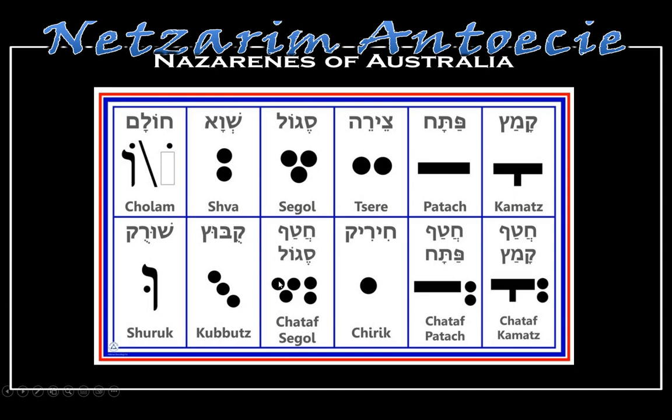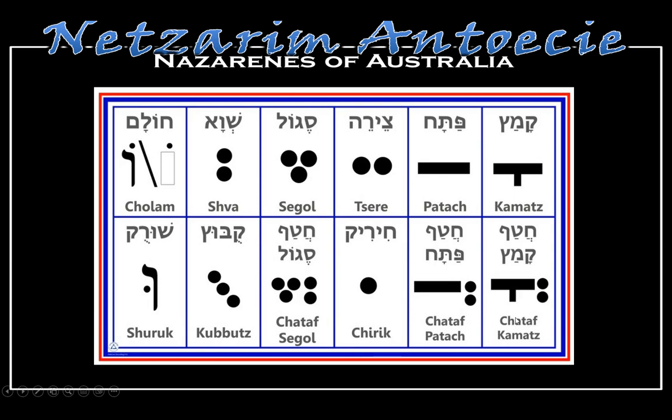This is called a katan segol, so the sound is se, a short E sound. This one's called chirik, so it has an I sound. And this is a katan patach, so it's a short A sound. And this is a katan kamatz, so it's a longer A sound.